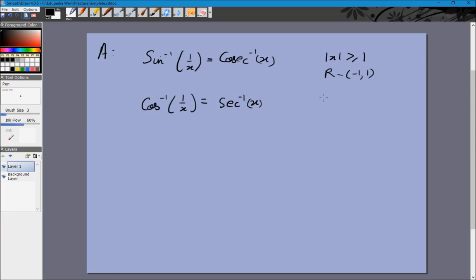So in this case, again, it will be mod x greater than or equal to 1. And then you have, you guessed it, tan inverse of 1 by x is equal to cot inverse of x. And obviously the domain of both cot inverse x and tan inverse x is R.